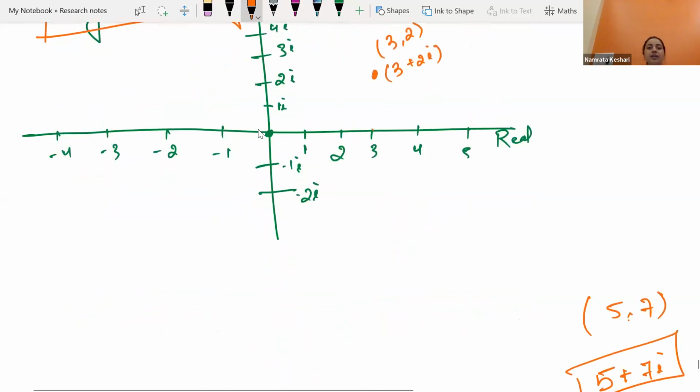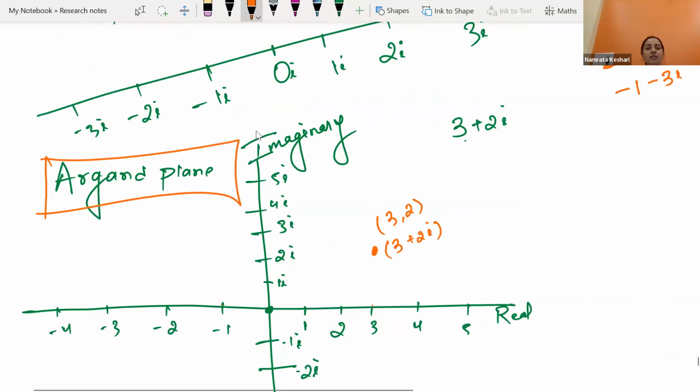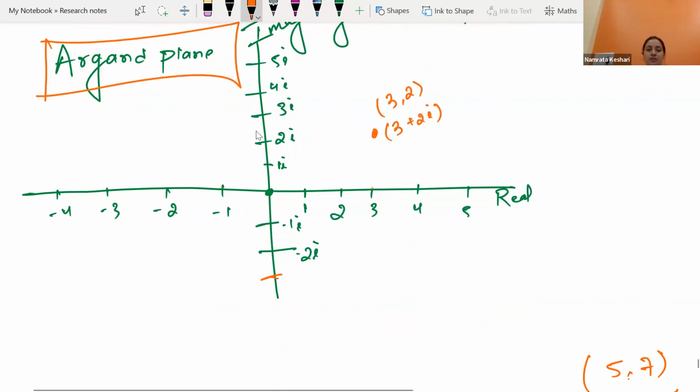The real part is -1 here, and the imaginary part is -3i, which is somewhere here. So this is the point which represents -1 -3i, which in short can be written as -1 comma -3, where the first coordinate, which we used to call the x coordinate, represents the real part, and the next one, the y coordinate, represents the imaginary part.